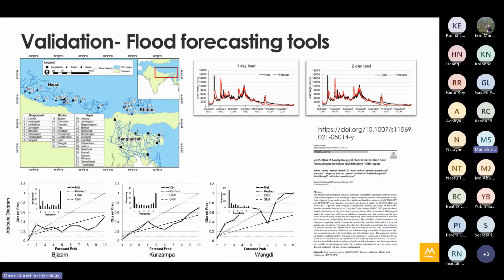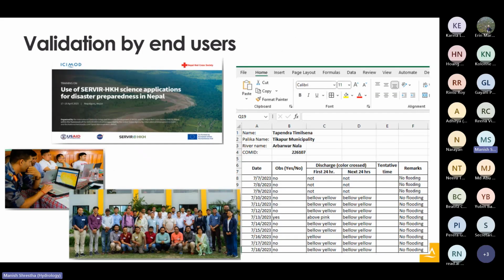Again, validation. There's a lot of question: does our tool actually work? So here are a few screenshots from our paper that we published, showing that our tool was able to forecast with a good amount of accuracy in Nepal, Bhutan, and Bangladesh. Again, as I mentioned earlier, we also request the end user to validate themselves.